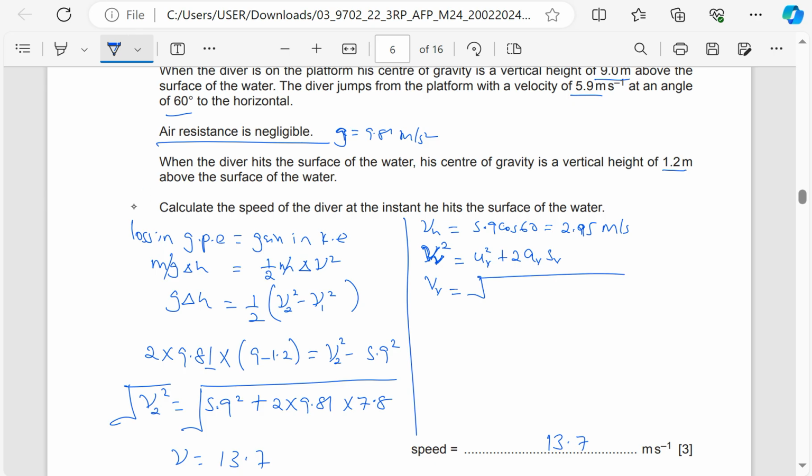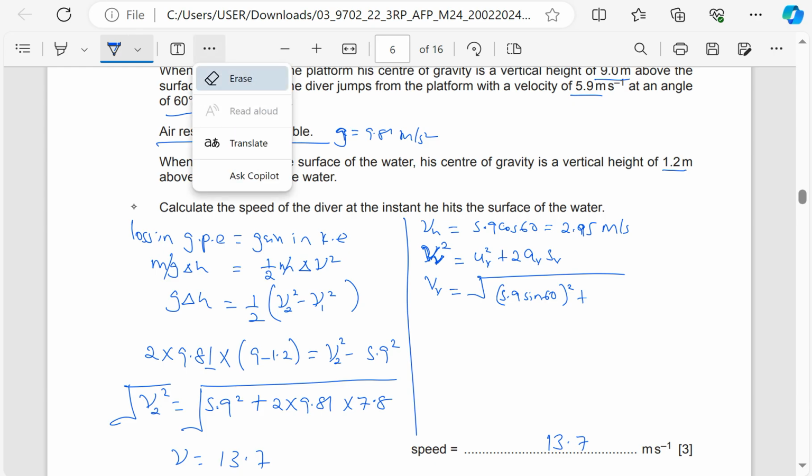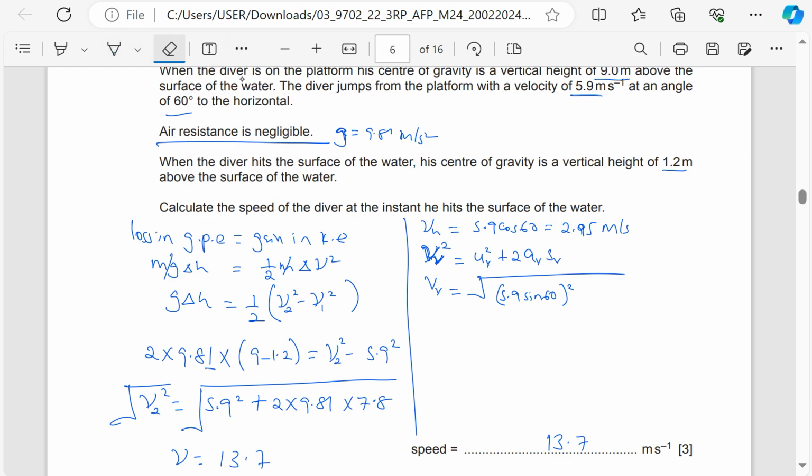We resolve 5.9 in the vertical, which gives us 5.9 sine of 60, but this should be squared. Then plus, if it jumps slightly above the point of projection, it means this is going to be negative. This becomes minus because g is going to be a negative. So this will be minus 2 times 9.81.